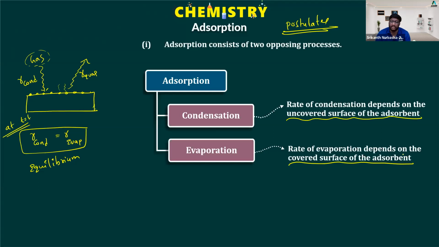Evaporation means whatever adsorption has already taken place, from those points only the molecules will go into the vapor state. Rate of evaporation depends on the covered surface of the adsorbent, whereas rate of condensation depends upon the uncovered surface of the adsorbent. Is that point clear? Yes.